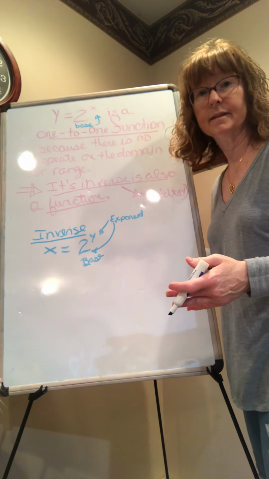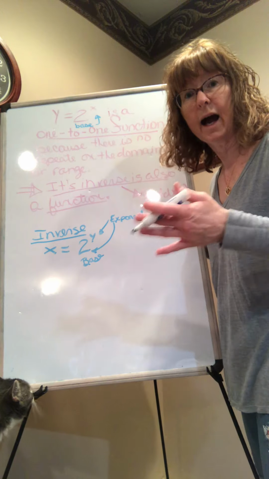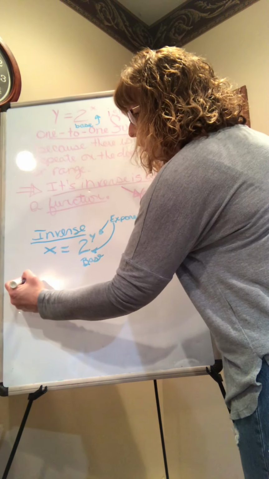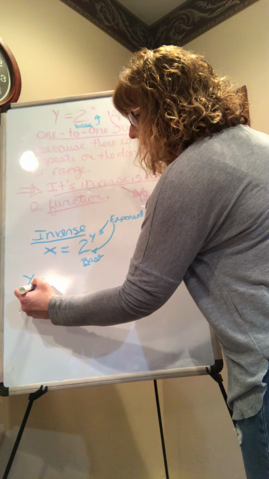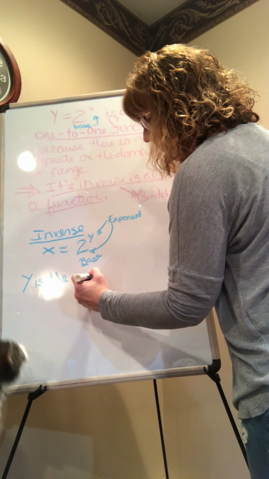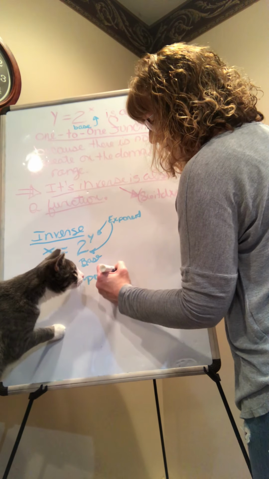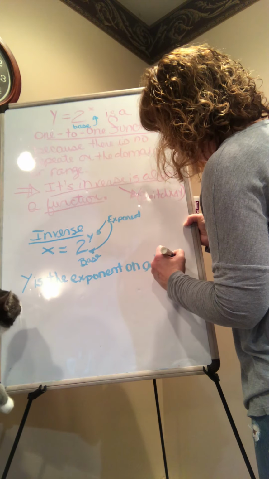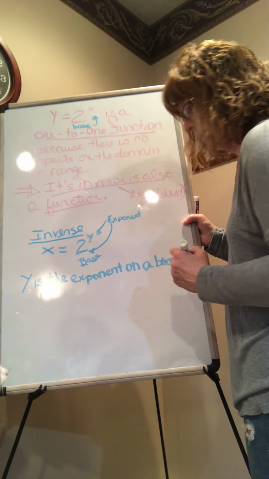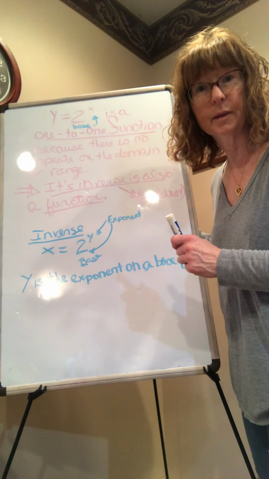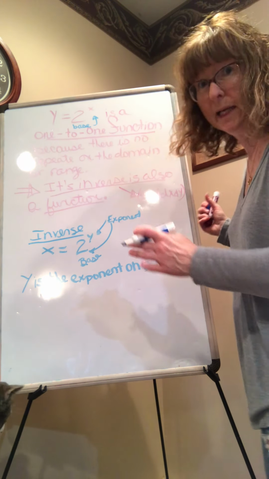So it's opposite. We look at this in the opposite way. So when I read this, I am now saying y is the exponent on a base of 2. So that's exactly what I'm saying here. And this is my cat Finnan, and he wants to be a part of the class. I hope you'll welcome him in.